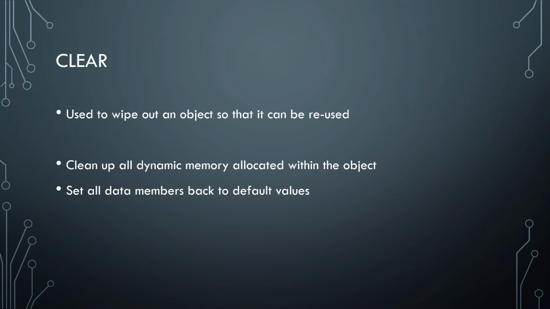So we don't want to or need to create a new object to store all of that new information, but we want to reuse that existing object, and therefore we need to clear it out first, and clear would be a good method to do that with.